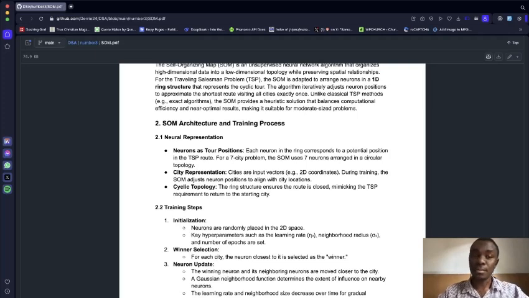Self-organizing map architecture and the training process. So first of all, the cities are taken in as neurons in the input, and we have 7 cities, so that means you have 7 neurons, and they would be arranged in a circular topography.